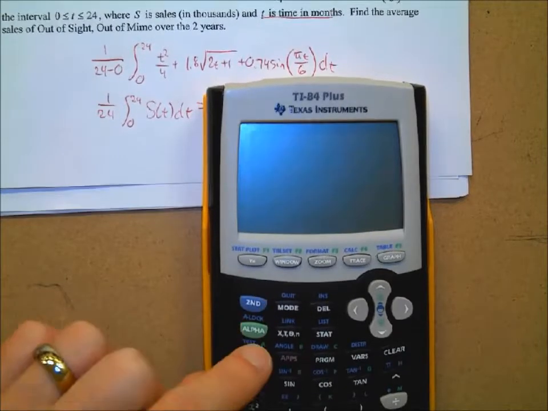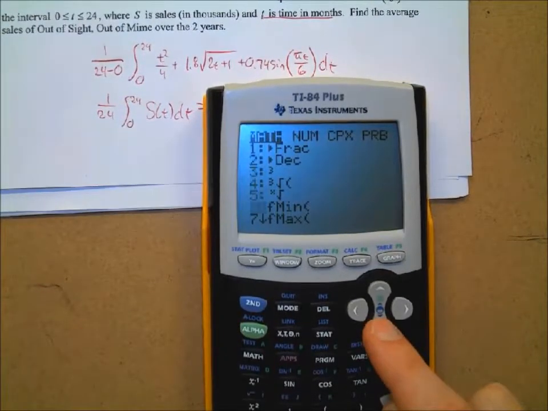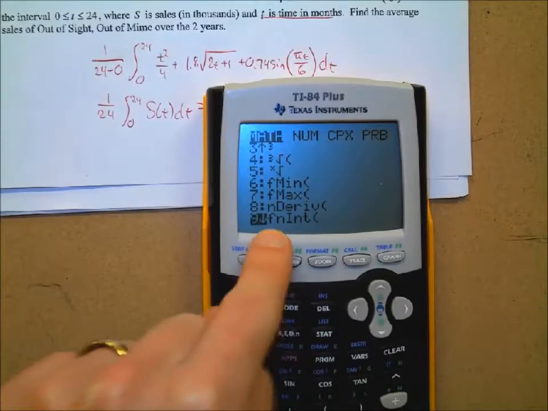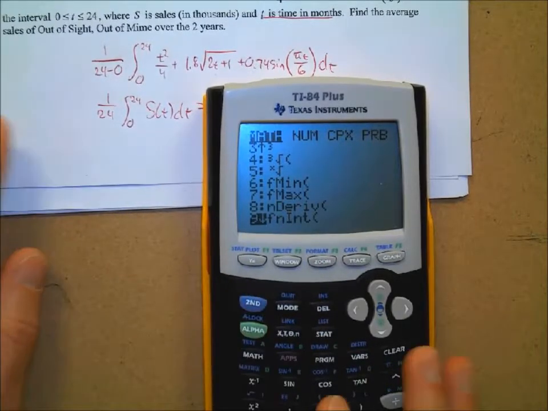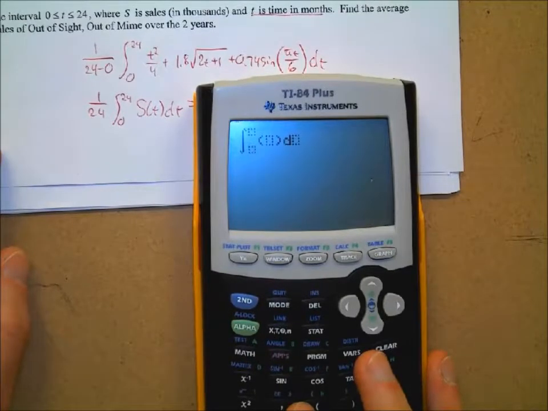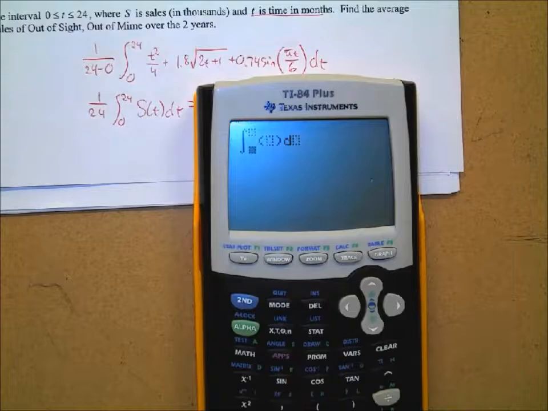Then we go to the math button, and for me it's number 9. Okay, so the math button, number 9, fnInt, stands for integration, right? And I get this very nice picture here. Some of you with older calculators, you don't get this, and I apologize. I can show you how to do it with your older calculator too, but we'll do it this way here.